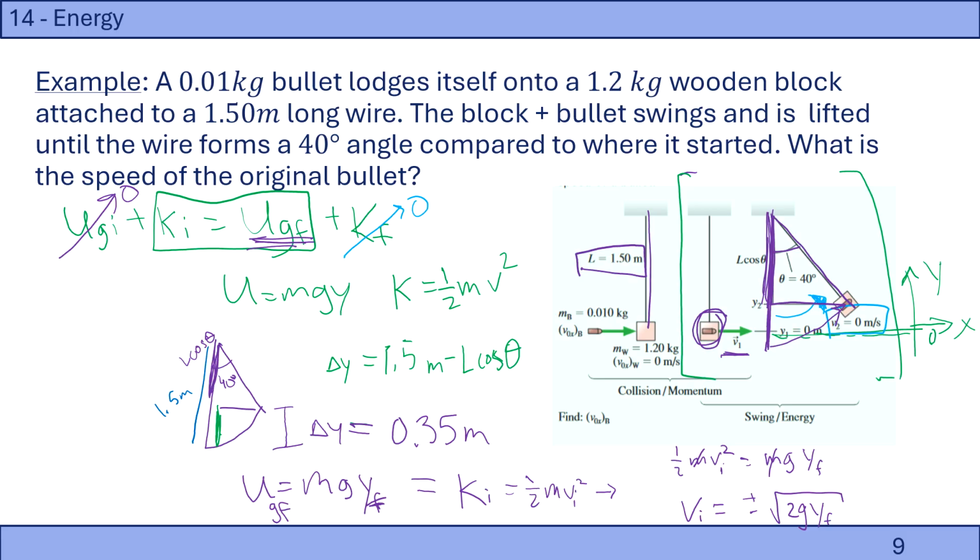Okay, well, the positive and negative is not actually going to be significant, but you can see from the picture that the initial velocity is to the right, so we should take the positive value, take the square root of 2 times 9.81 times the y we just found, 0.35.